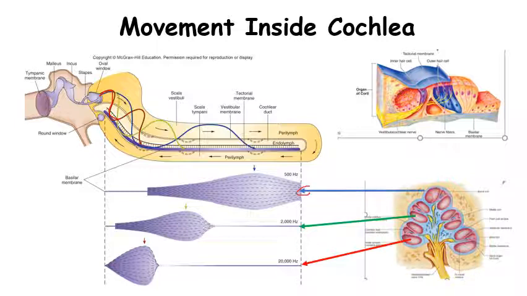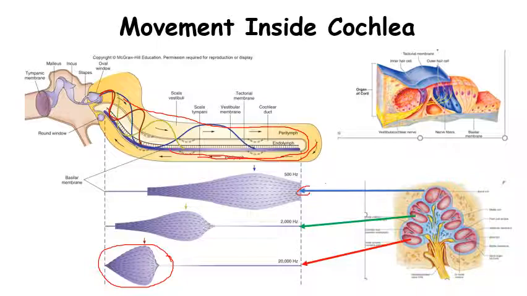And this is simplified because remember this is going to actually make 3 turns. But you can see the movement too, scala vestibuli through the scala tympani. The earlier stimulation marks it as a high frequency signal because that's going to stimulate these earlier parts of the cochlea.